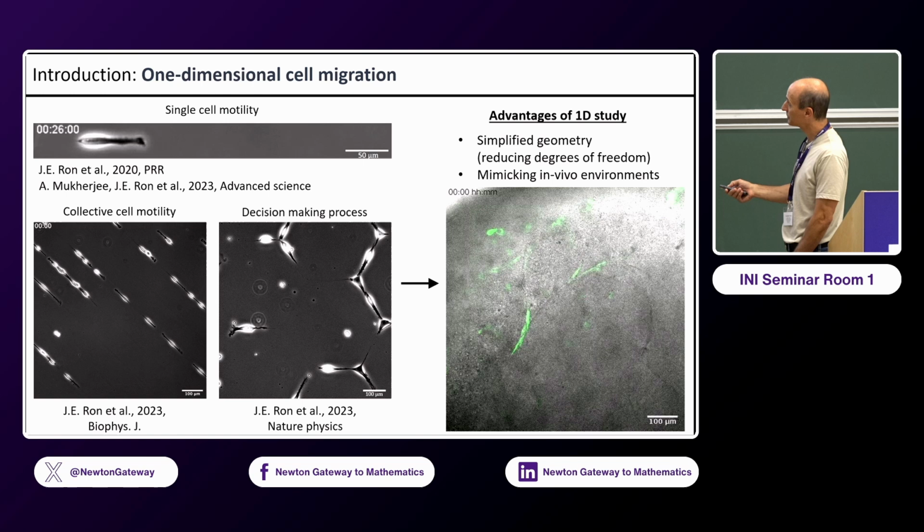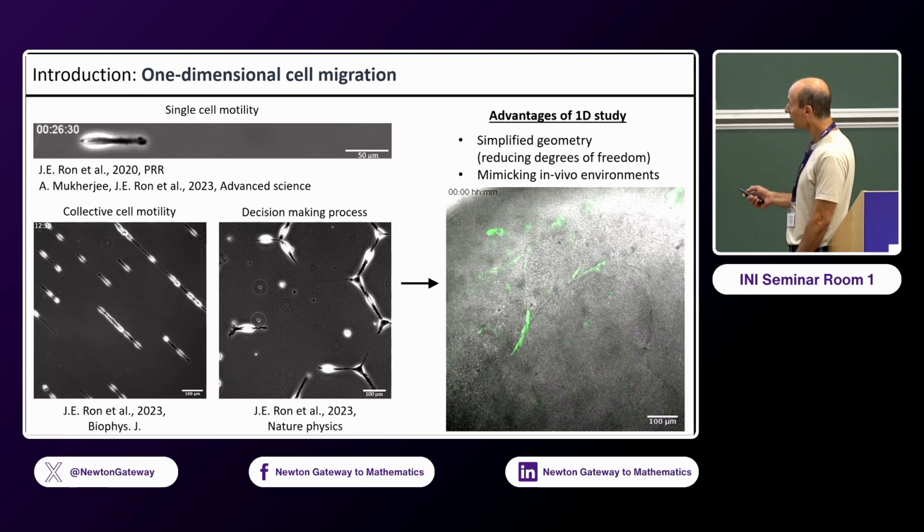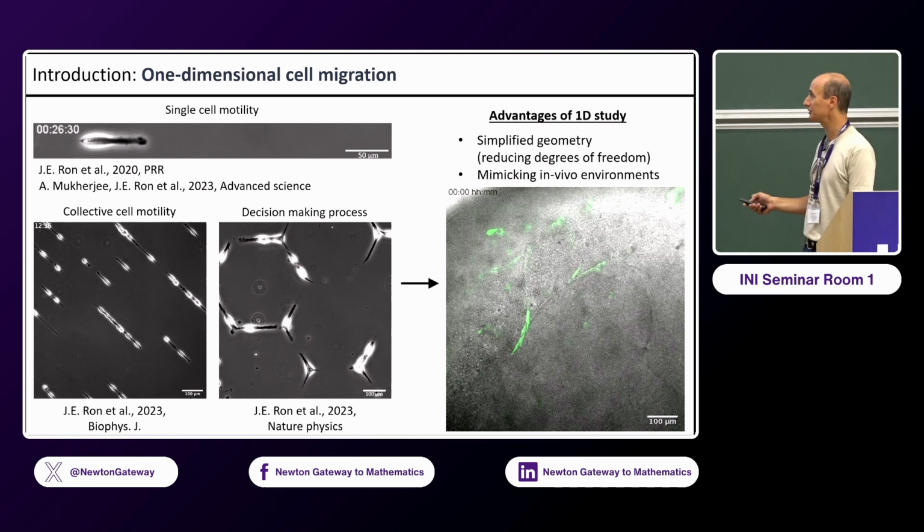Other examples, of course, include the same kind of geometry, but with multiple cells. So now you have cells that are themselves making some persistent motion, sometimes changing direction, like this cell has changed direction, divided, and interact with each other. I will get to this kind of geometry, which we are now very much interested in.